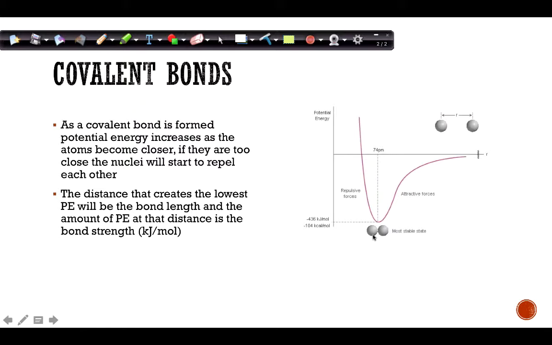So basically, it's going to stabilize the bond. It's going to minimize the repulsion that the nuclei feel from each other, and then also maximize the attraction of the electrons that are being shared. So that distance where we minimize that potential energy, that's the bond length. And then the potential energy that they sit at when they're at this length is actually the bond strength.